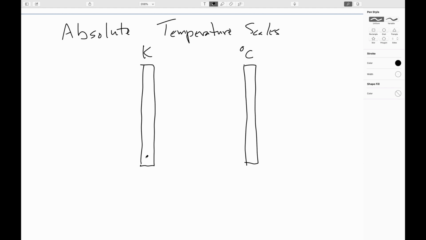So the two hypothetical points of comparison for setting the scale, the lower point now will be absolute zero. Even though we can't attain it, by the third law of thermodynamics, we can still always extrapolate out where it would be on our thermometer.